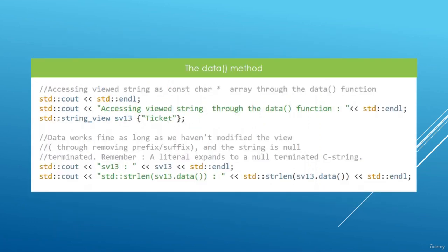String views also have the data method we can use to view the character array inside that we are viewing. We can use this data behavior if we need to get access to that character array. For example, here you see we are printing our string view, and we can use std::strlen to get the length of our string, and this is going to work.